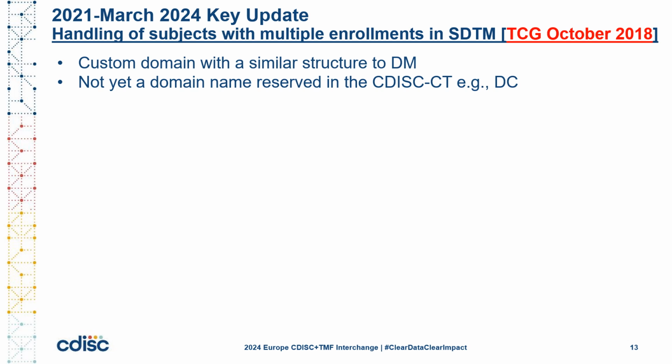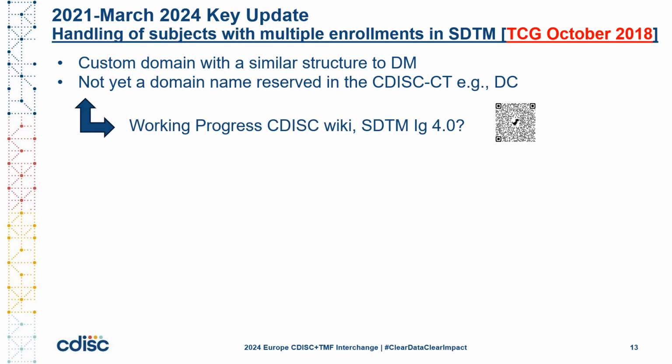The agency somehow mandated the creation of a second demographic domain with a structure similar to demographics, where all enrollment attempts are reported. However, even 6 years later, the exact structure and domain name for this particular domain have not been universally agreed in our community.